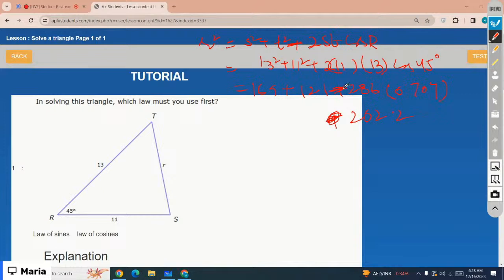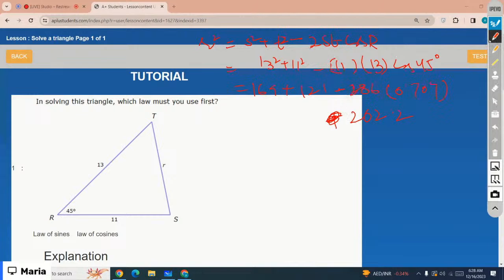Here you must have a subtraction sign, not addition. Okay.